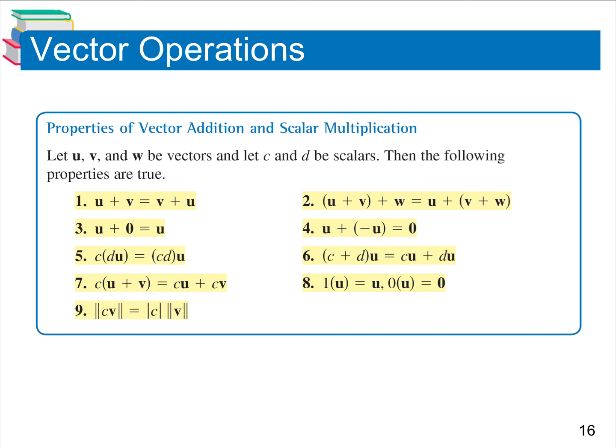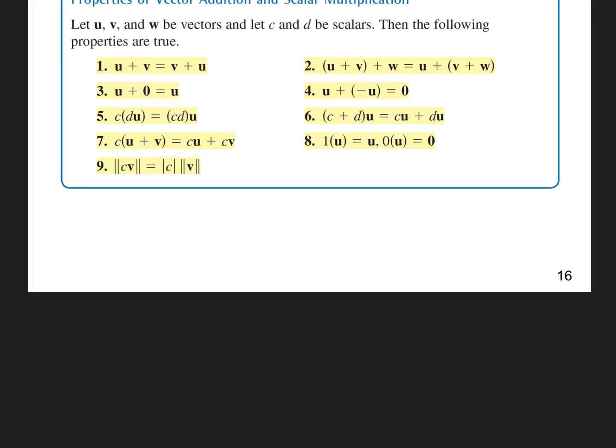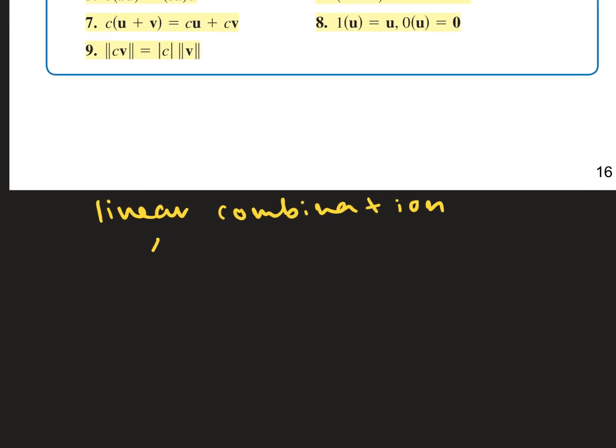So pretty self-explanatory. The last thing that I wanted to talk about is linear combinations. So we have a vector in component form, which we can say is, I'm going to make one up, like -5, 3. This is component form.